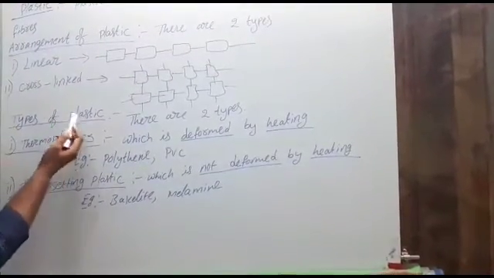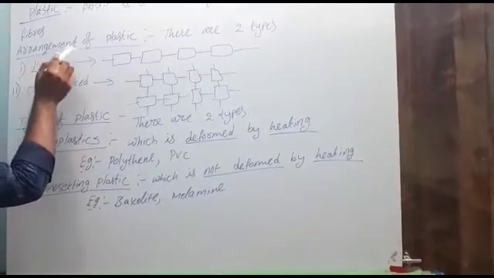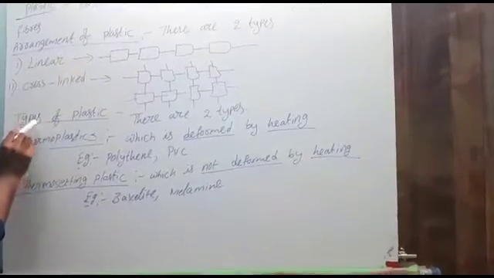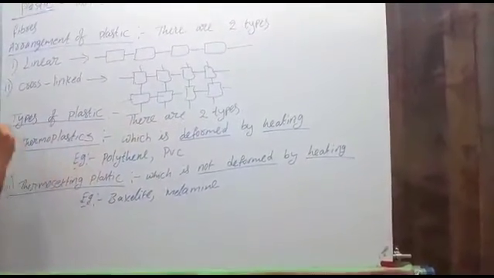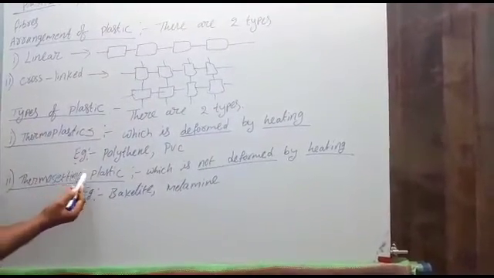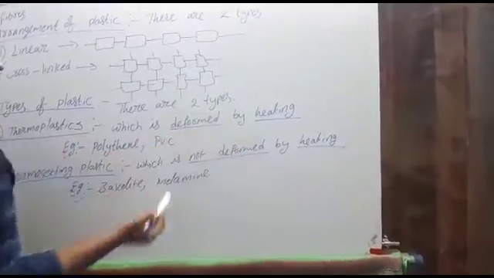Now we see the types of plastic. See the difference between here and here. That was the types of arrangement of plastics, and this is the types of plastic. There are two types of plastics: one is thermoplastic and another is thermosetting plastic. Thermoplastic is deformed by heating.